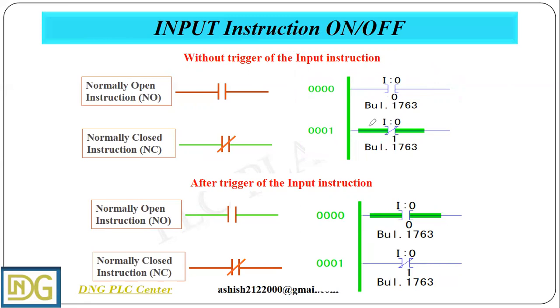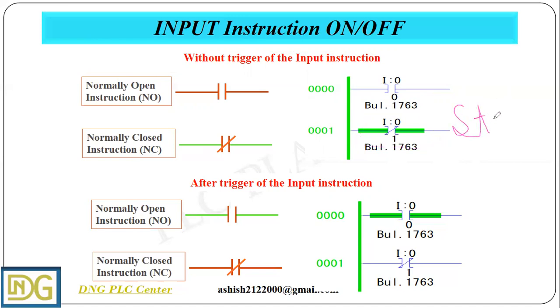When we add a normally closed instruction in our program, it is automatically energized, as you can see. When you press this instruction, it will de-energize. It is used for stop.